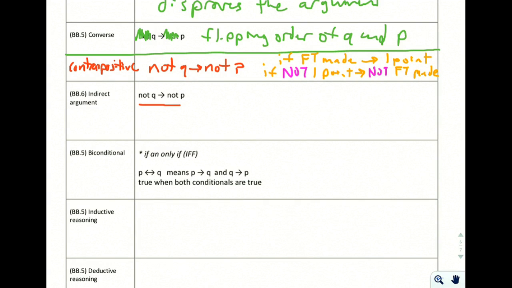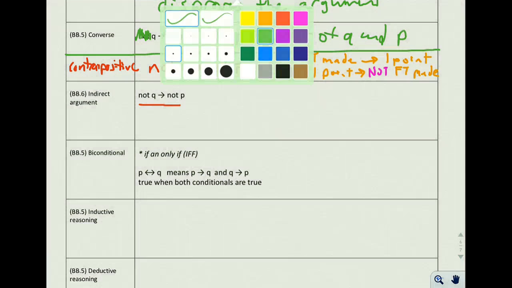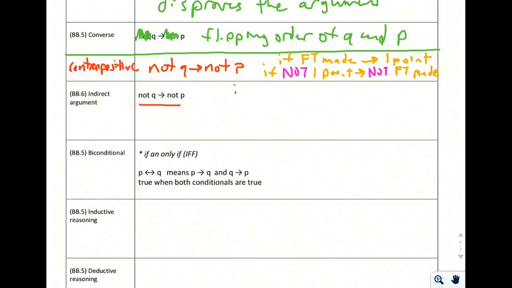So let's start out with a different imaginary situation here. Let's say if raining, then grass is wet. So if it is raining, then the grass is wet.